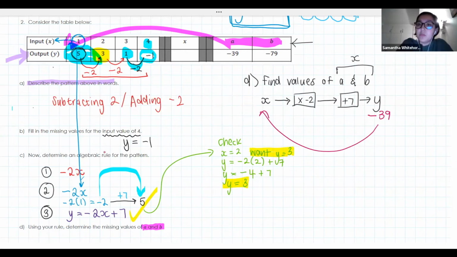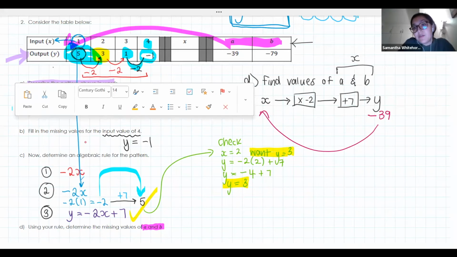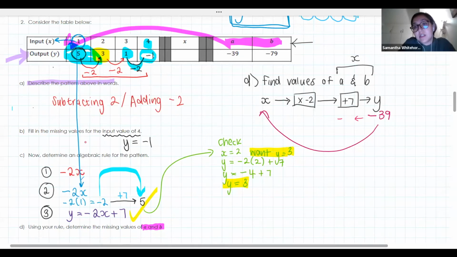Right, if we're going to use the flow diagram idea, we want to work backwards. What that means is that we need to use opposite operations or inverse operations. So if this was a +7, working backwards, I need to subtract 7. And if I'm timesing -2 originally, working backwards, I need to divide by -2.